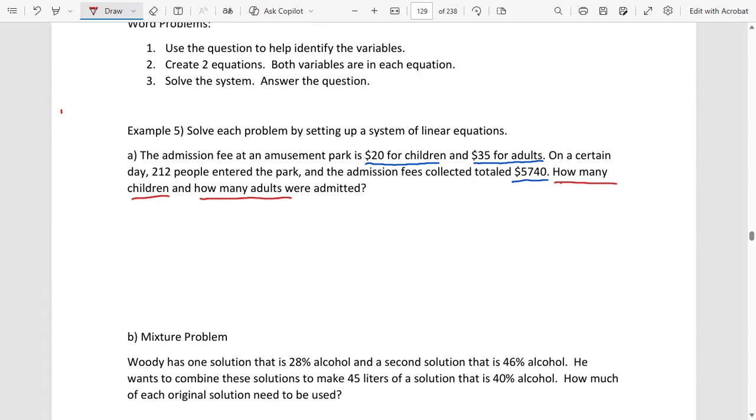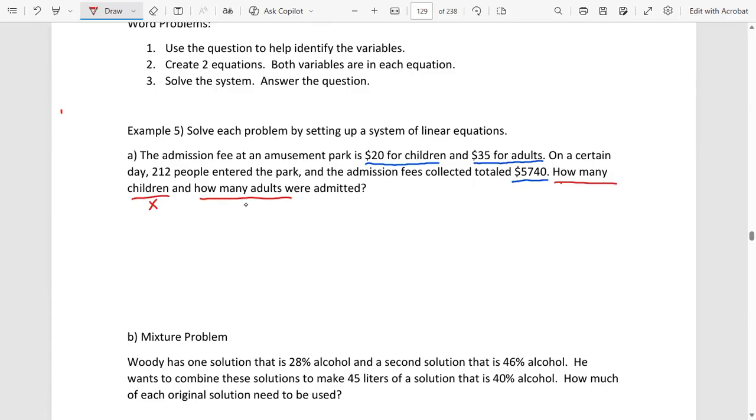The last sentence tells me that I have to find a number of children and a number of adults. That means I have to find two things, so I have to have two variables. You have to name each variable. For how many children I'm going to use x.